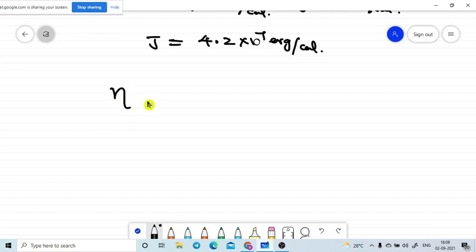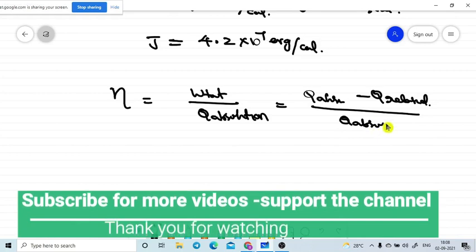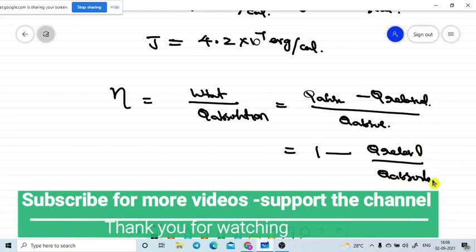Eta is equal to the total work done divided by the amount of heat energy absorbed. Another formula is Q absorbed minus Q released, divided by Q absorbed. The other formula is 1 minus Q released divided by Q absorbed.